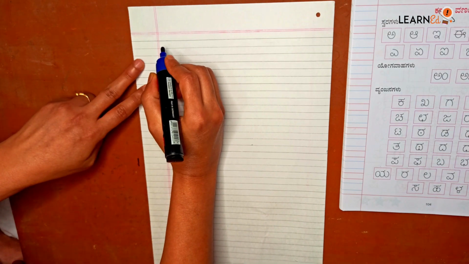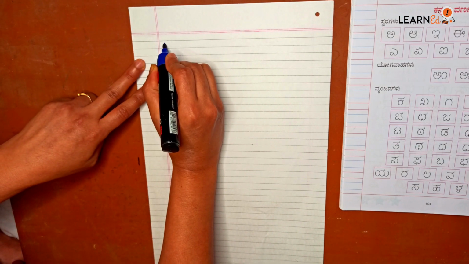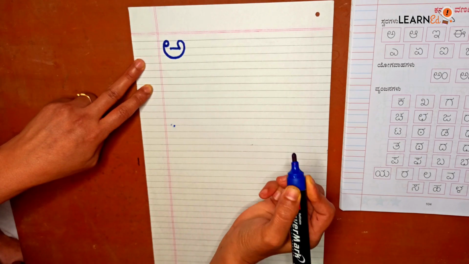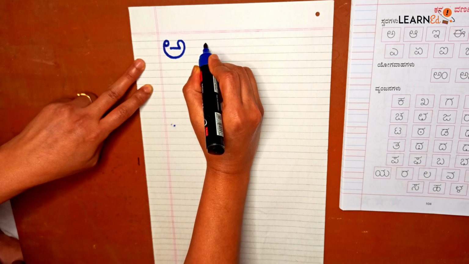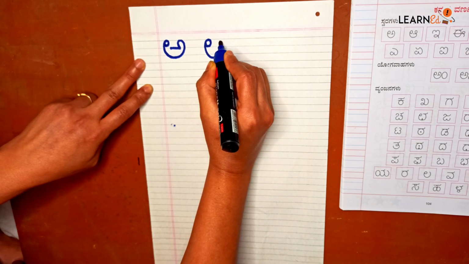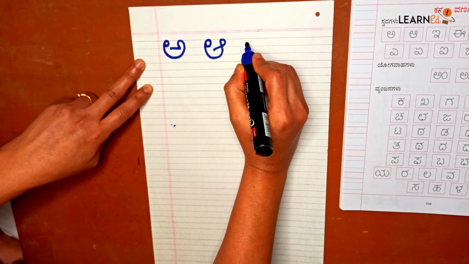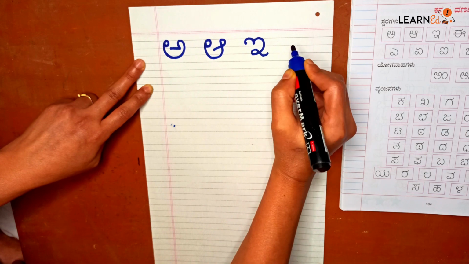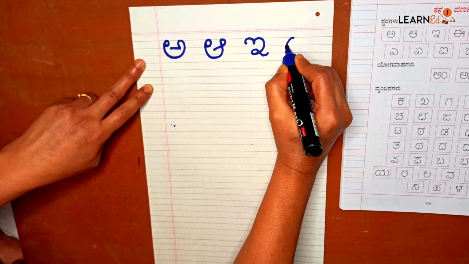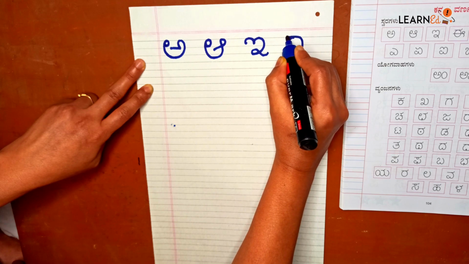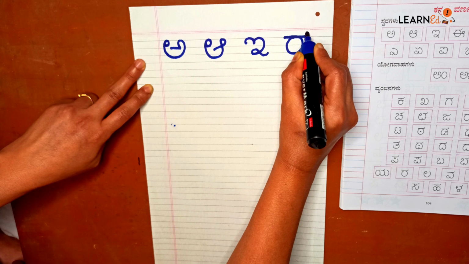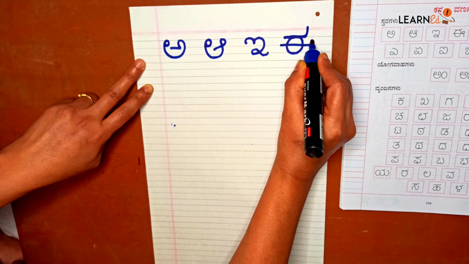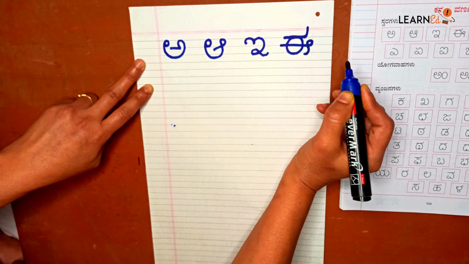The first letter A. E. Make a circle, one line, horizontal line up, then lift your hand, then sleeping line, go up, make a round and curve.